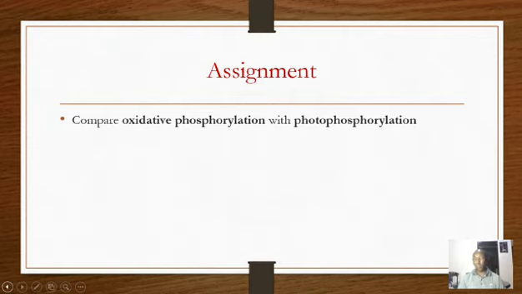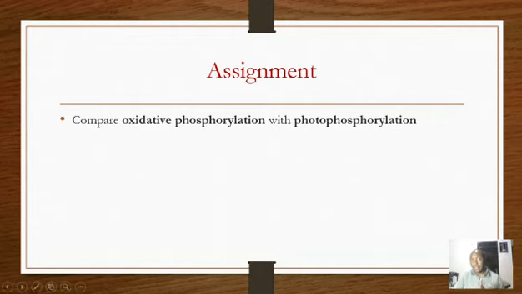We've seen oxidative phosphorylation in respiration, photophosphorylation that is within autotrophic nutrition, particularly during the light stage of photosynthesis.